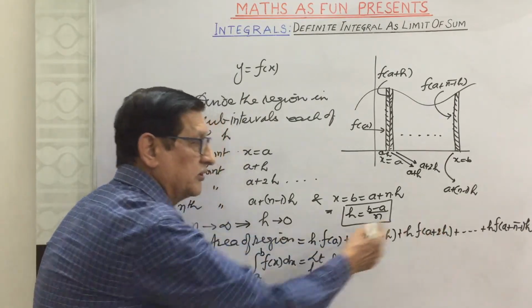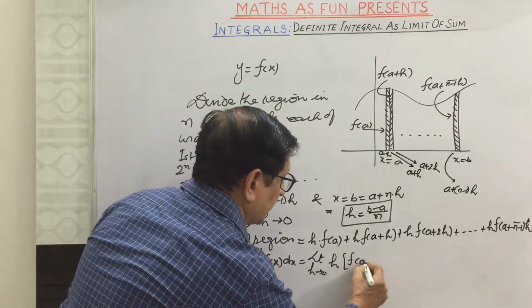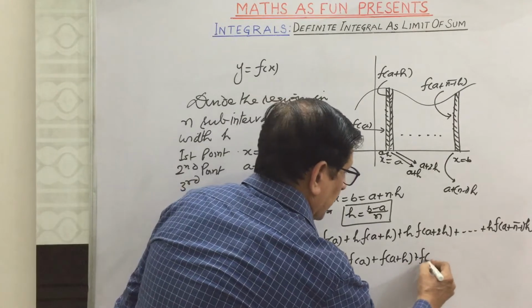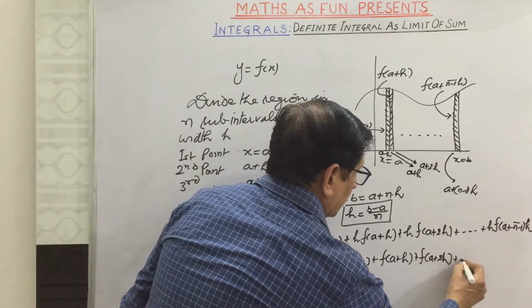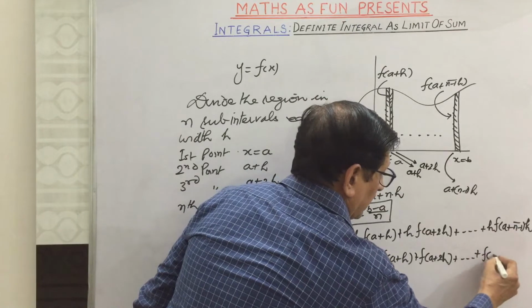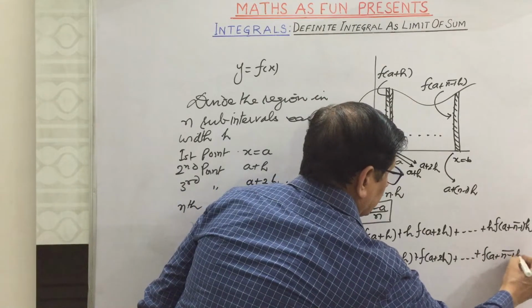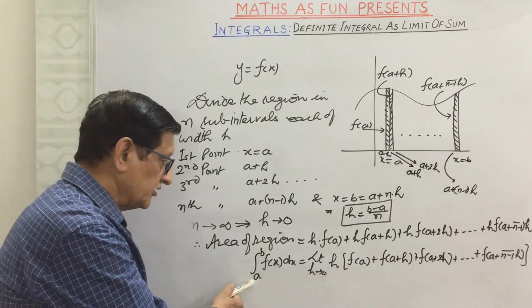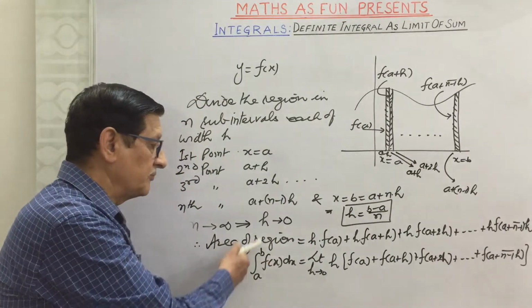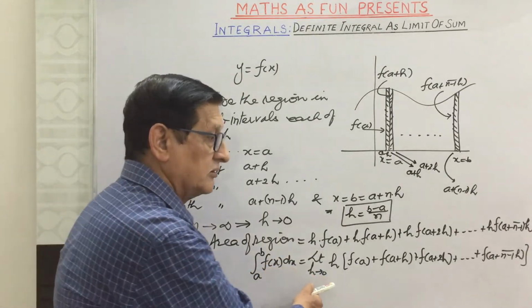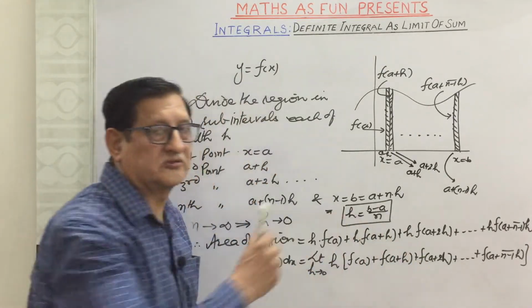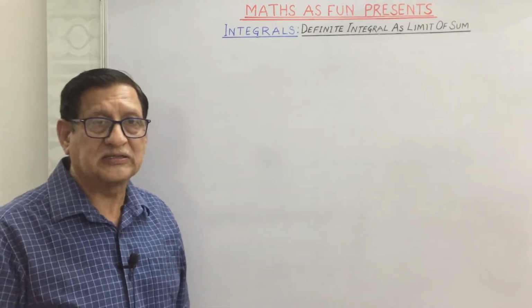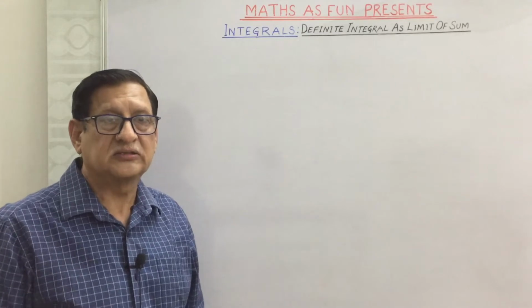If we take h common from each, it means we can represent the definite integral of the function f(x) from a to b as the limit of a sum.